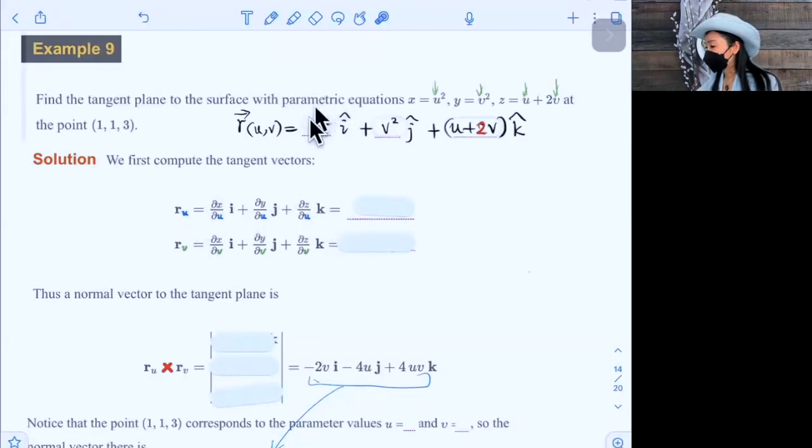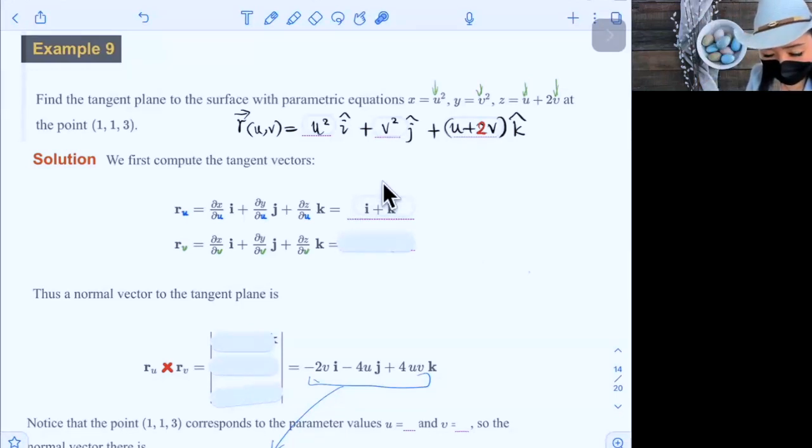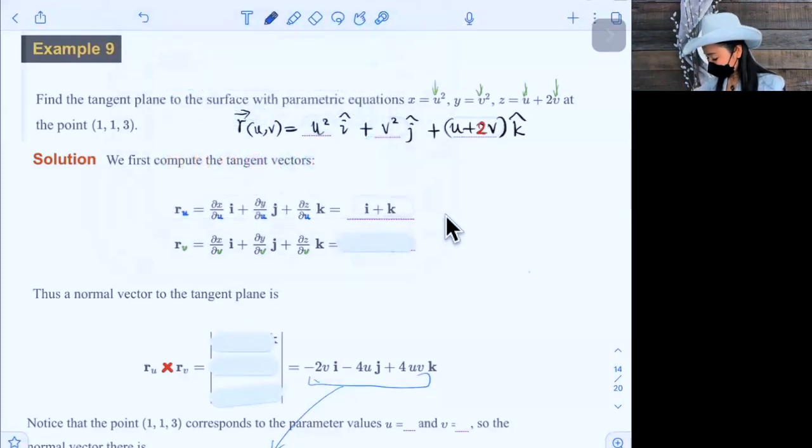That is 2u in the i component, and then plus k.